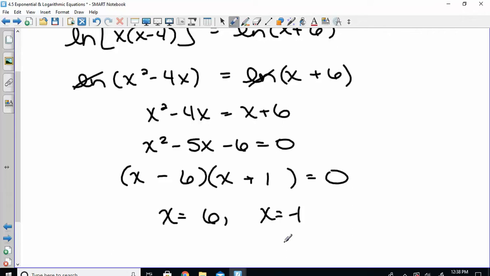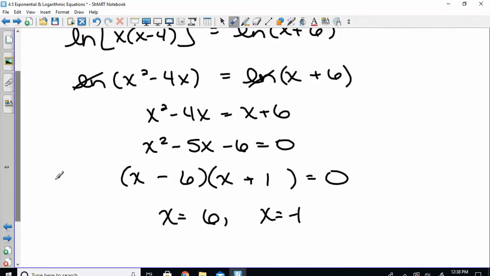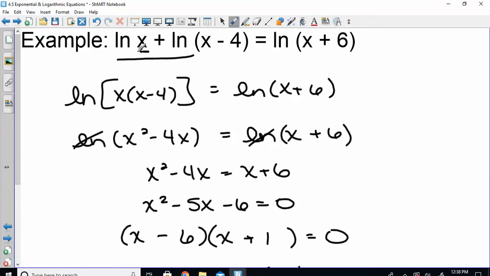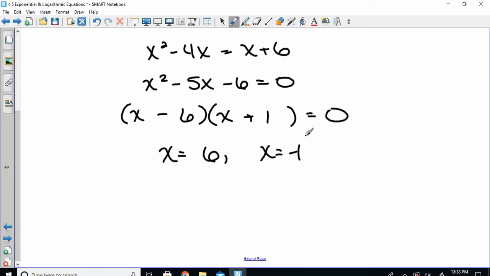Am I finished? No, we have to check that when I plug these in, my arguments are positive. I don't care necessarily if the x itself is positive, the argument has to be. So if I put in a 6, that's good. 6 minus 4 is good. 6 plus 6 is good. But can I put in a negative 1? No. So my only answer here is 6.